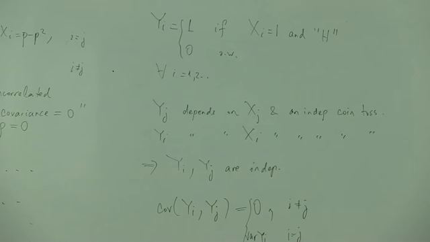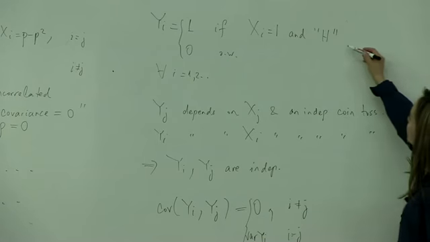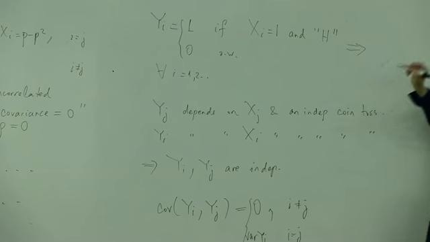That's easy from this definition of yi. The variance of yi is the expectation of yi squared minus the expected yi squared.